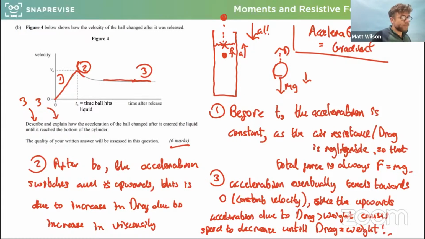Good. Okay, so in this case, once we entered the fluid, the drag was so big that it was actually slowing us down. But as we slowed down, that caused the drag to decrease until everything was balanced again.